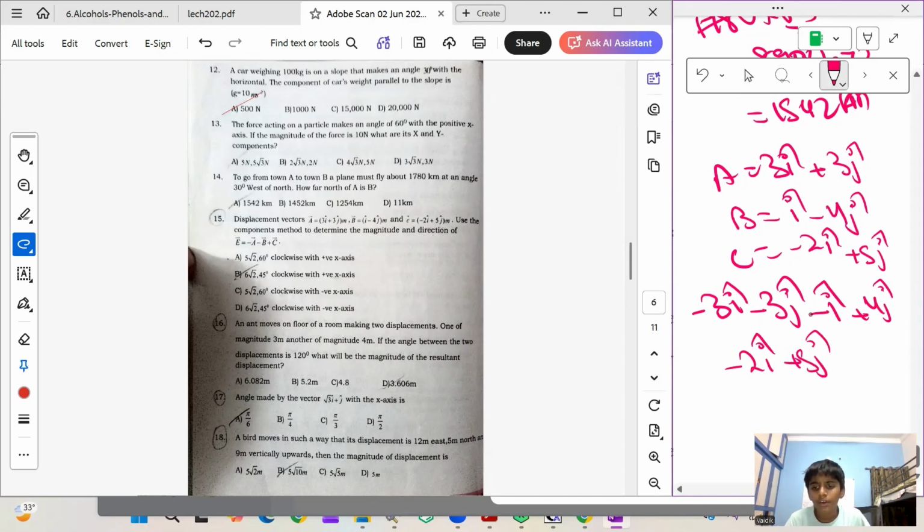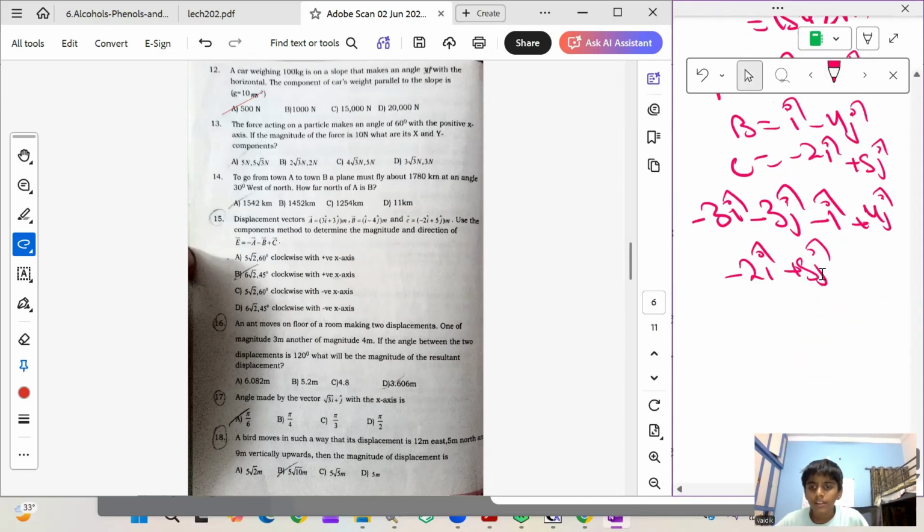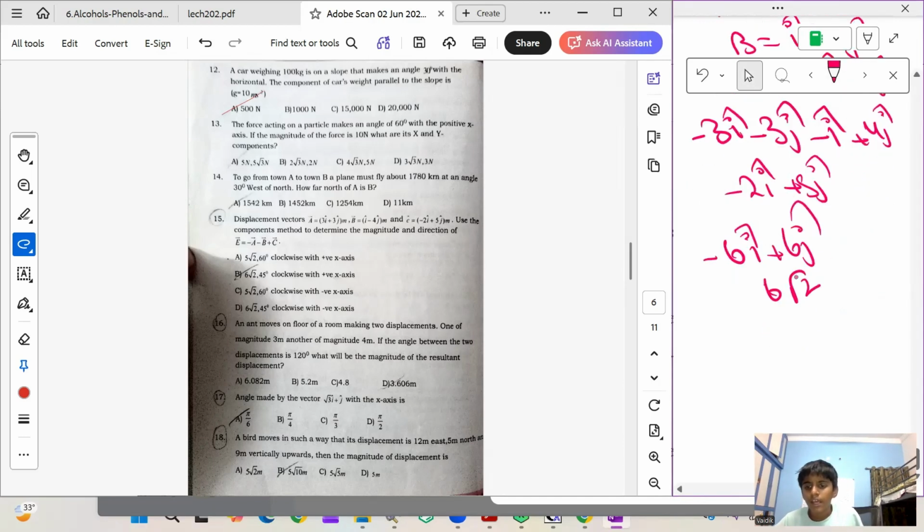So the total i component is minus 6i cap and the j component is plus 6j cap. So the magnitude of this vector would be 6 root 2, and the direction is tan inverse of y by x, 6 by 6. So tan inverse of 1 means 45 degrees, option B.